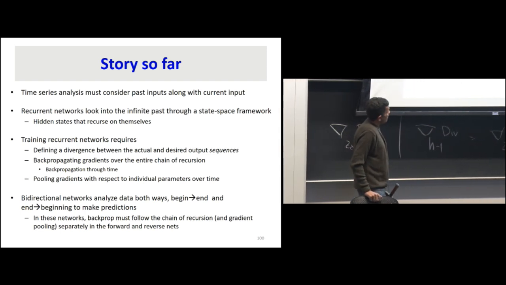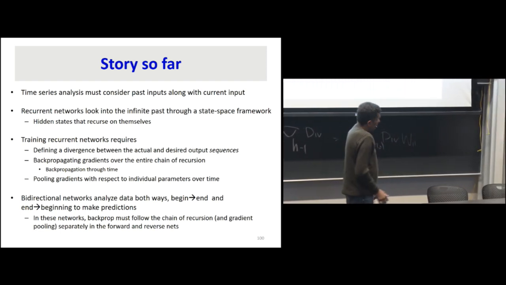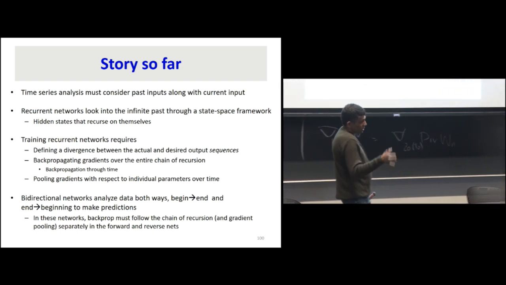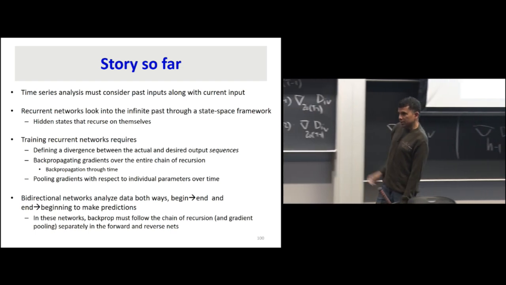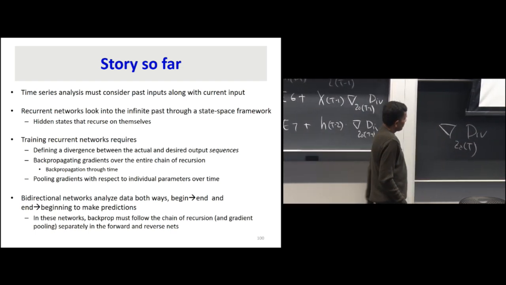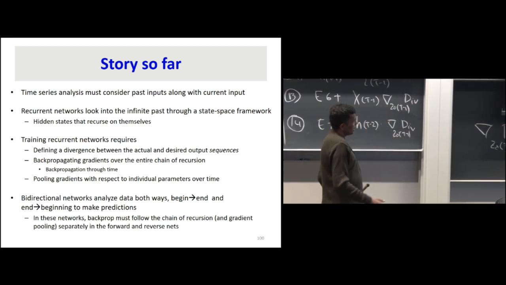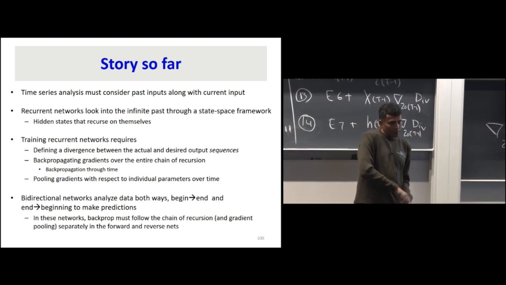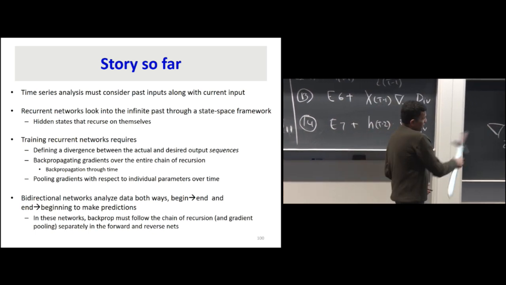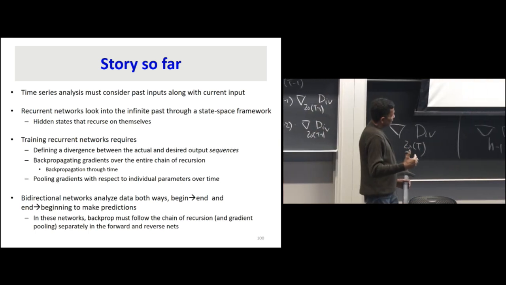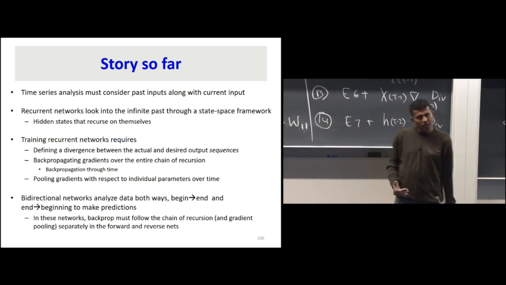You can train this by backpropagating gradients over the entire chain of recursion, pooling the gradients with respect to individual parameters over time, as we saw on these slides. And then you can also do this bidirectionally, where you have one subnet going from the beginning of time to the end of time, the other one going from the end of time to the beginning of time. And they combine their state values to make your predictions.